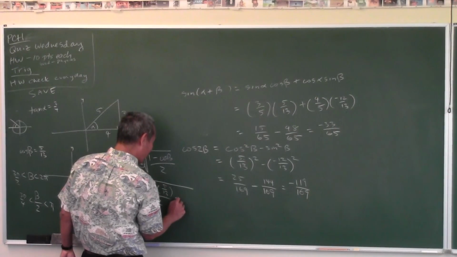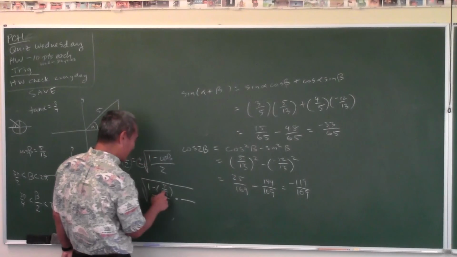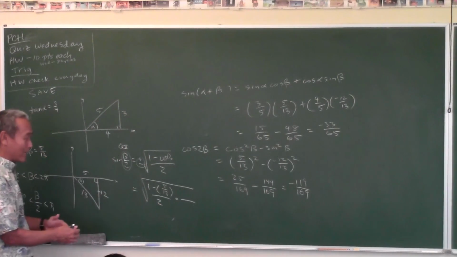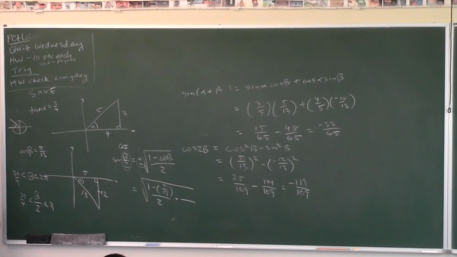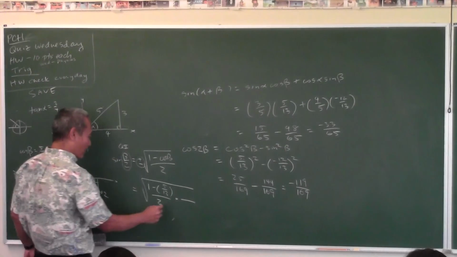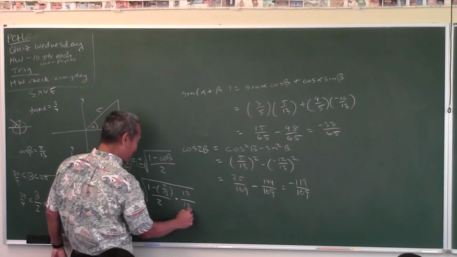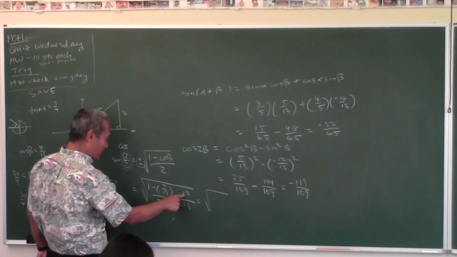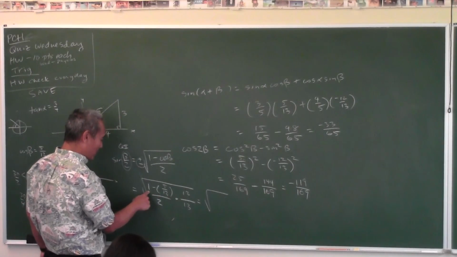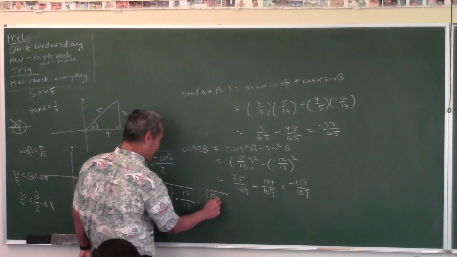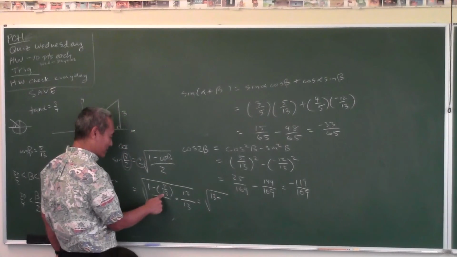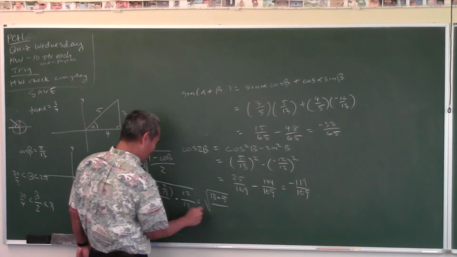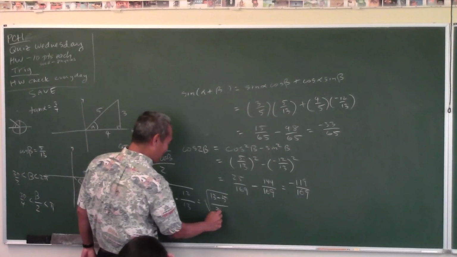When you have complex fractions within fractions, multiply top and bottom by the least common denominator of all the fractions you see, which is 13. Multiply top and bottom by 13, and you're gonna get the square root of, so this 13 has to be distributed over here. What's 13 times 1? 13. What's 13 times 5? 5. And then what's 13 times 2? 26.